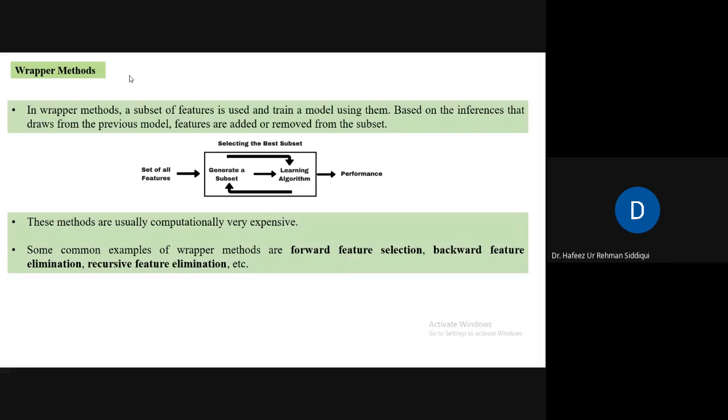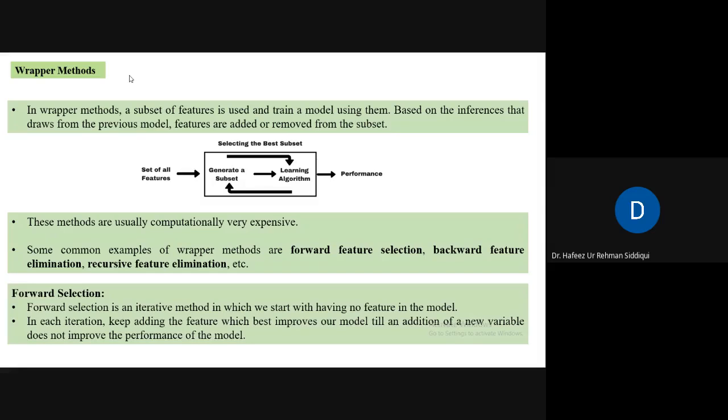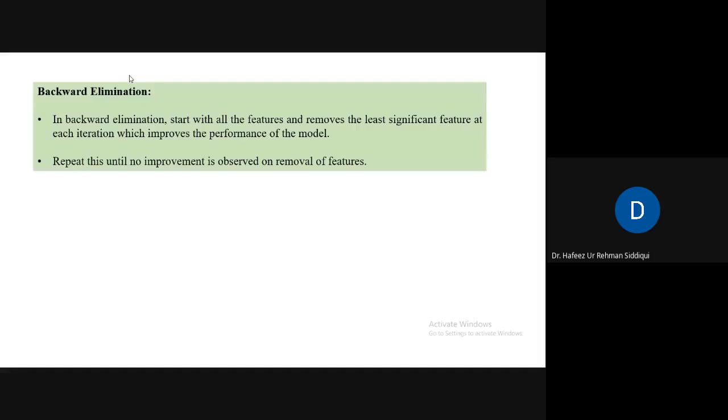With backward selection, you will observe that by removing features, your model performance gets better and better, and at some stage it will start decreasing. So these are methods you can use for improving the performance.